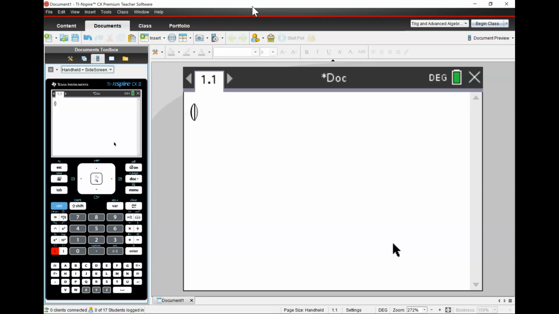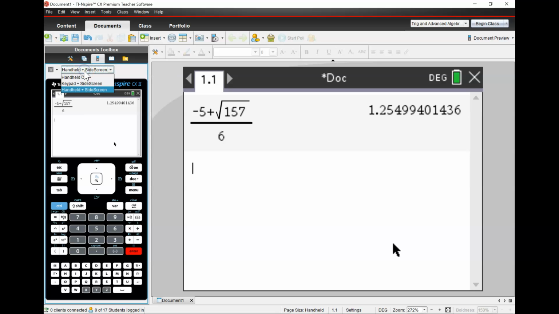So we're going to do negative 5, in parentheses, plus the square root of 157, outside the parentheses, divided by 2. Was it 2 or 6? 6. Okay? So that's what we get.